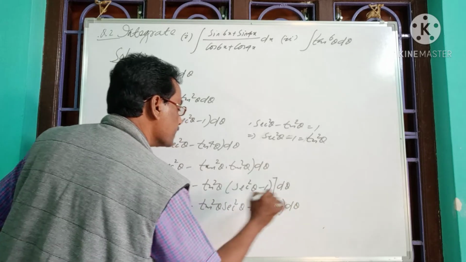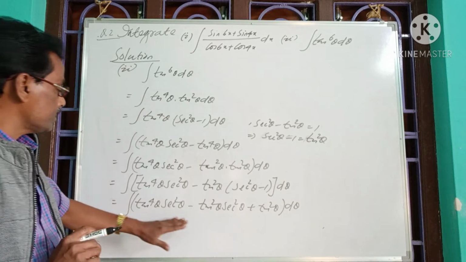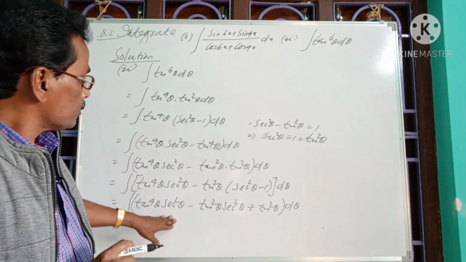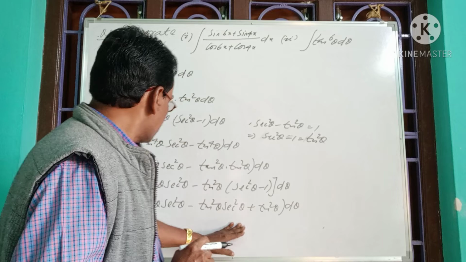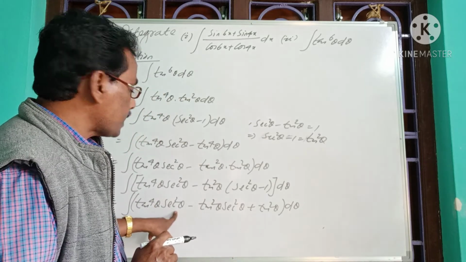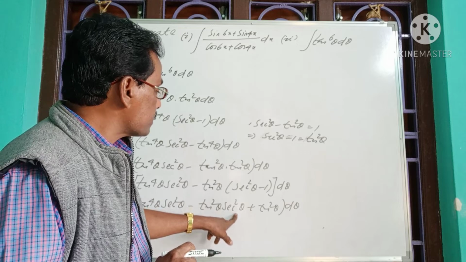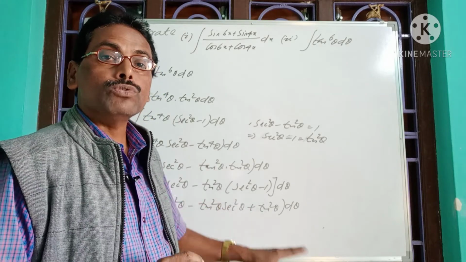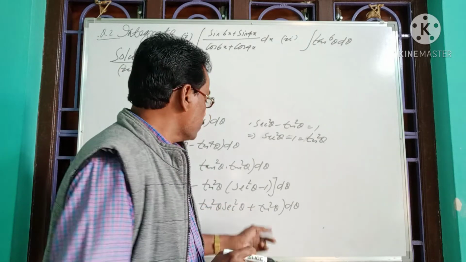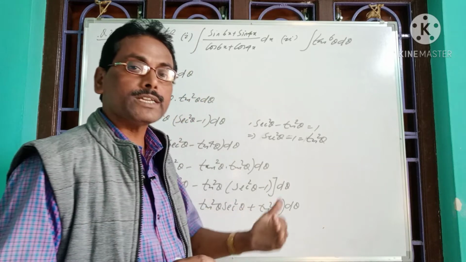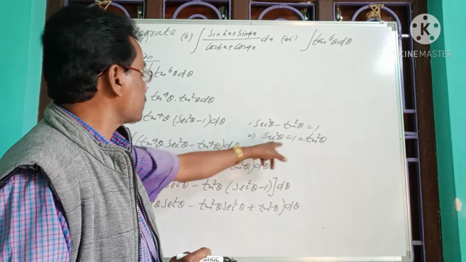Now let us again observe the integrand. The first and second integrals are integrable, because the derivative of tan theta is sec square theta. But at last we have tan square theta, which is again not integrable. So in order to integrate tan square theta, we break it into sec square theta minus 1.